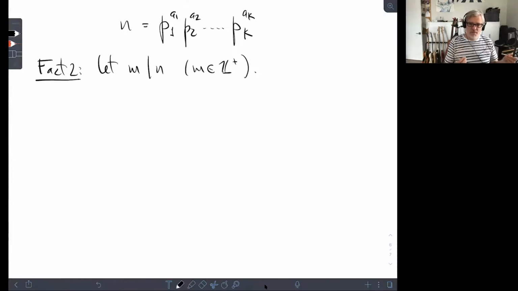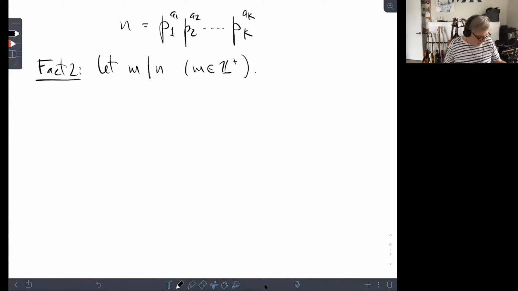Each of these primes has to divide N. By the first fact, these primes have to be P1, P2, right up to Pk, nothing else. So any prime that divides M must be among those primes. If I look at the unique factorization of M as a product of primes, the primes that are used have to be some primes in P1 to Pk.